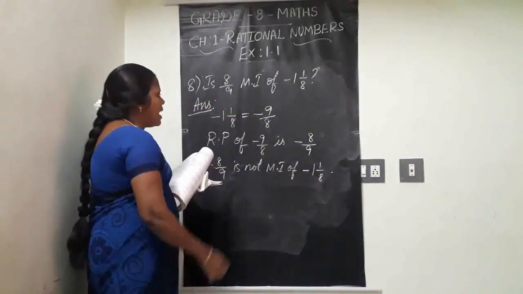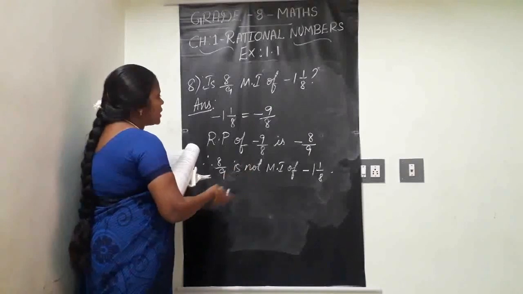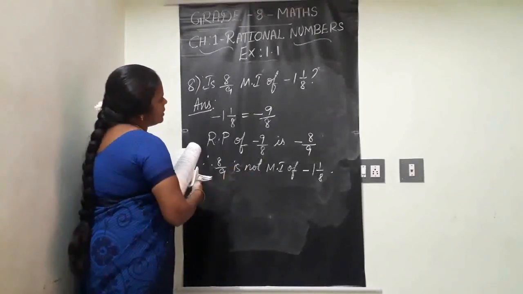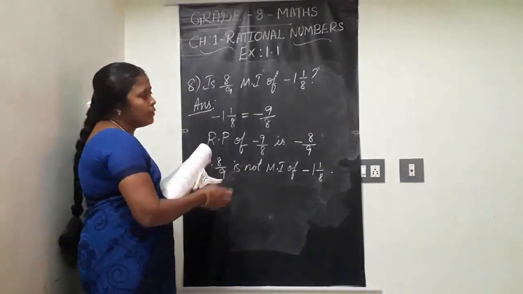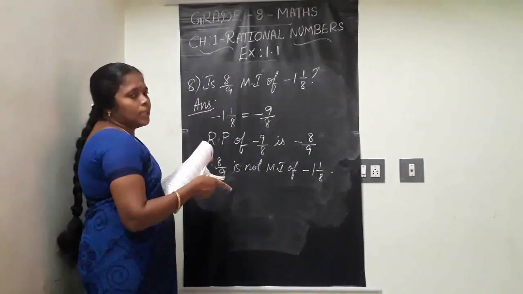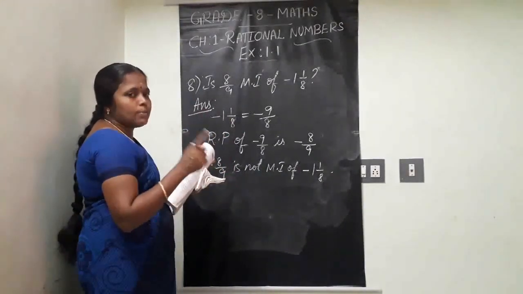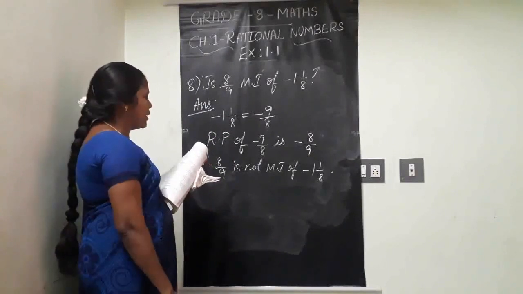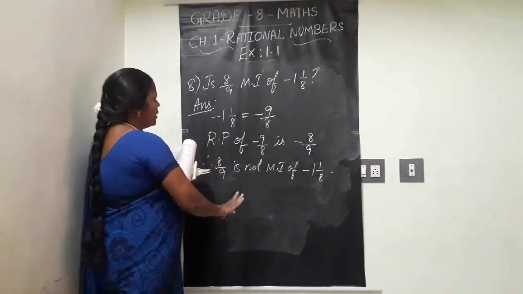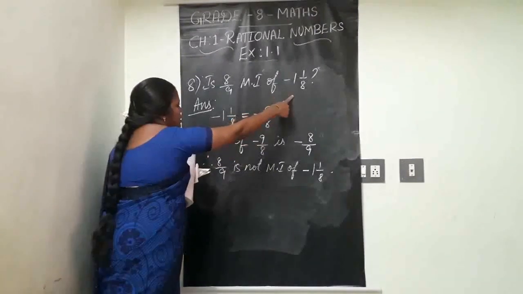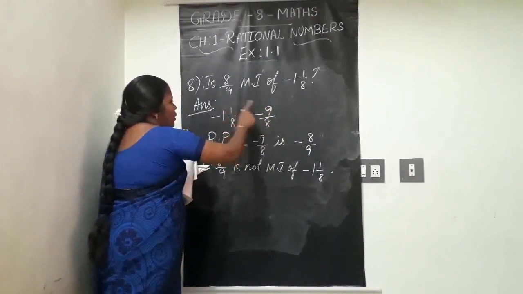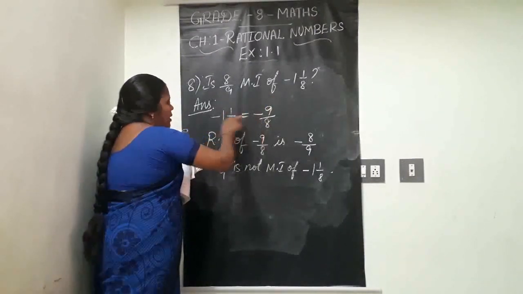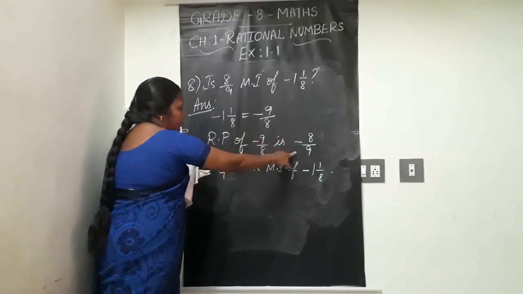Clear? Otherwise, by the checking method I told you, if you multiply both rationals, your product must be 1. In that method also we can check. Here what I did: I took this number, changed it into improper form, and then found its reciprocal.